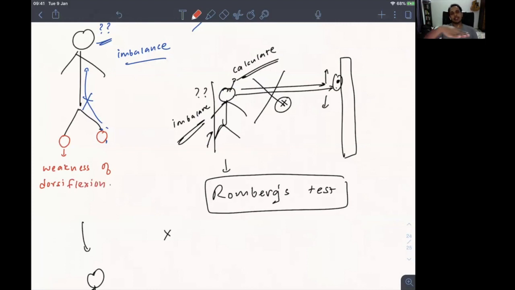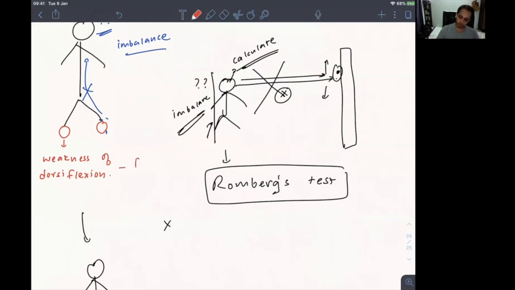So dorsiflexion is when your toes are lifted up, and plantar flexion is when your toes are pushed down. So if there is weakness of dorsiflexion, what happens is your feet will now drop down, and that is known as foot drop.